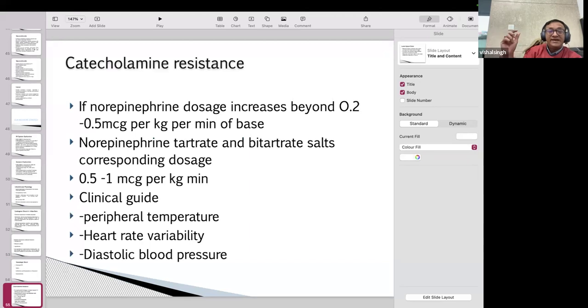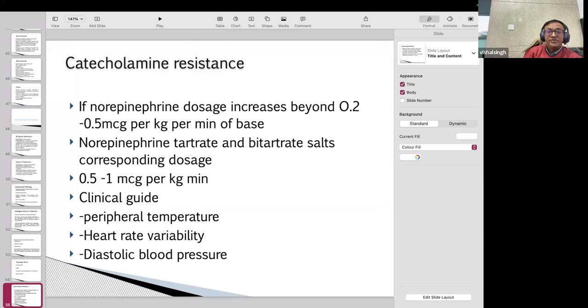So we have to understand that norepinephrine comes as a salt, as a tartrate and a bitartrate salt. The corresponding dose of norepinephrine base is half of that. So for example, when I say 1 mcg per kg per minute of salt is given to a patient, then the dose of norepinephrine that's gone is 0.5 mcg per kg per minute. It's half of that.